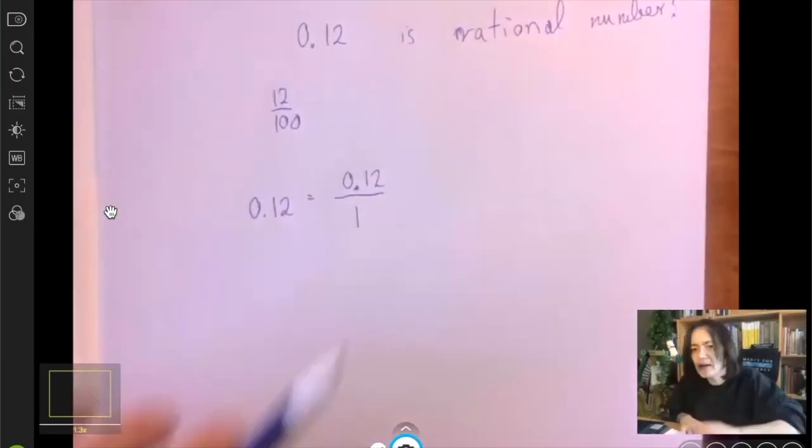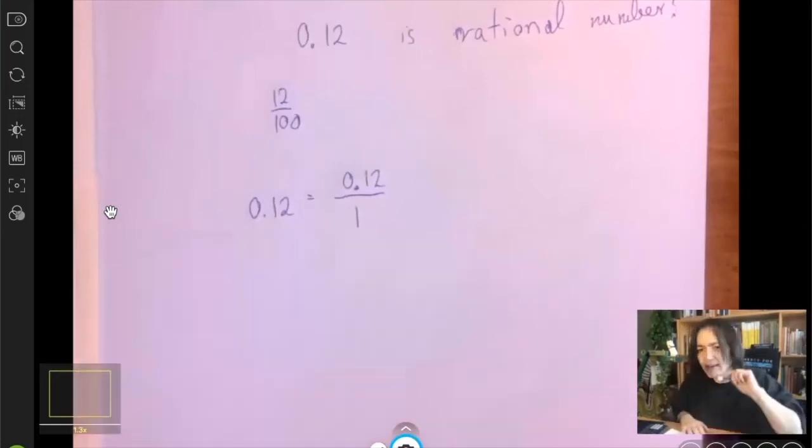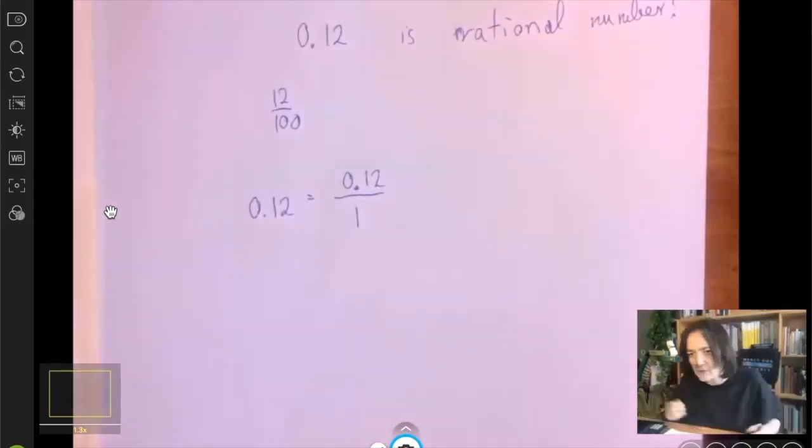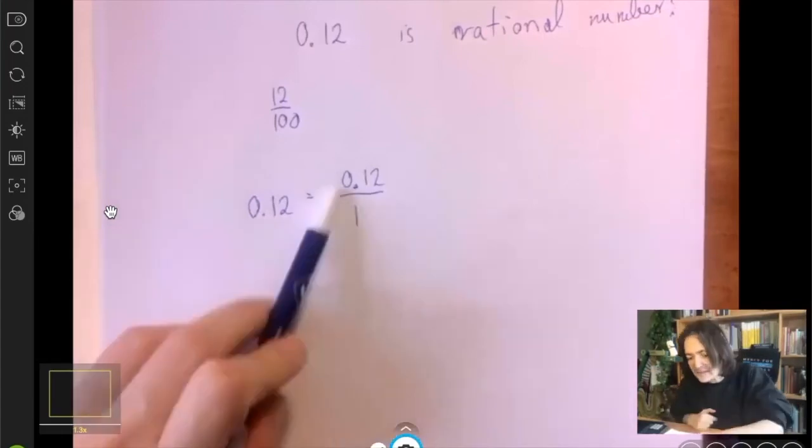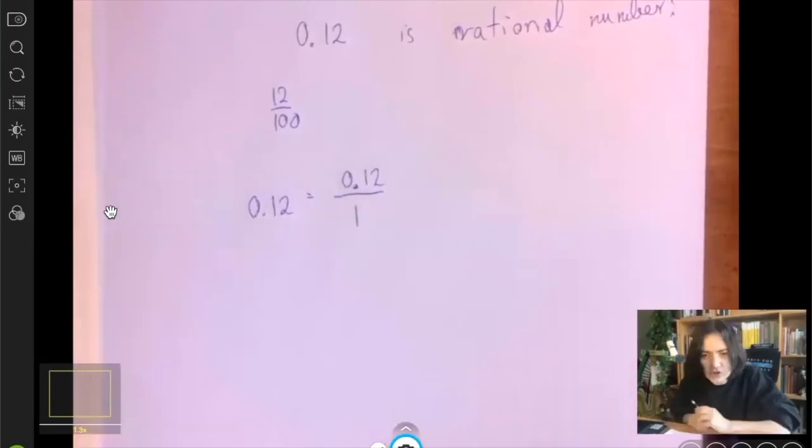So now that it's a fraction, I'm going to exploit a fraction's fundamental property: you're not changing the value if you multiply upstairs and downstairs by the same number, right? When you bring two fractions to the common denominator, or when you simplify a fraction. So we're going to multiply upstairs and downstairs of this fraction so that, because this is not an integer, it's a fraction, but it's not a fraction of two integers.